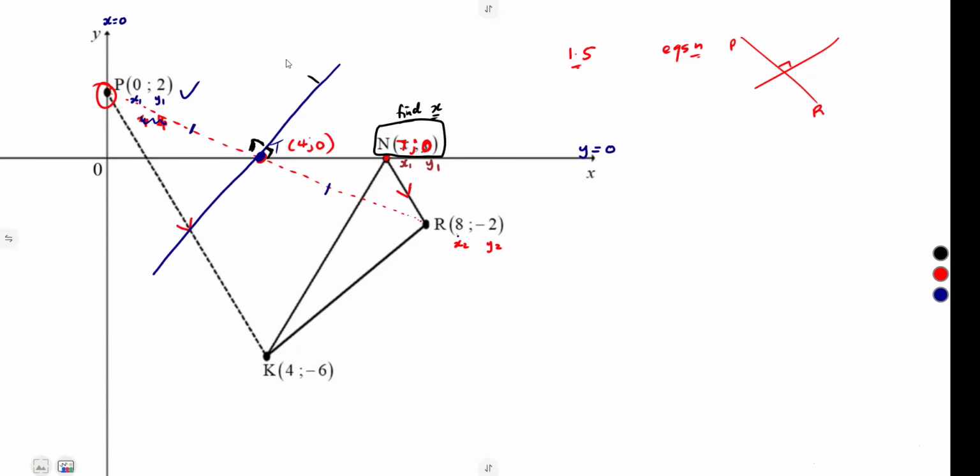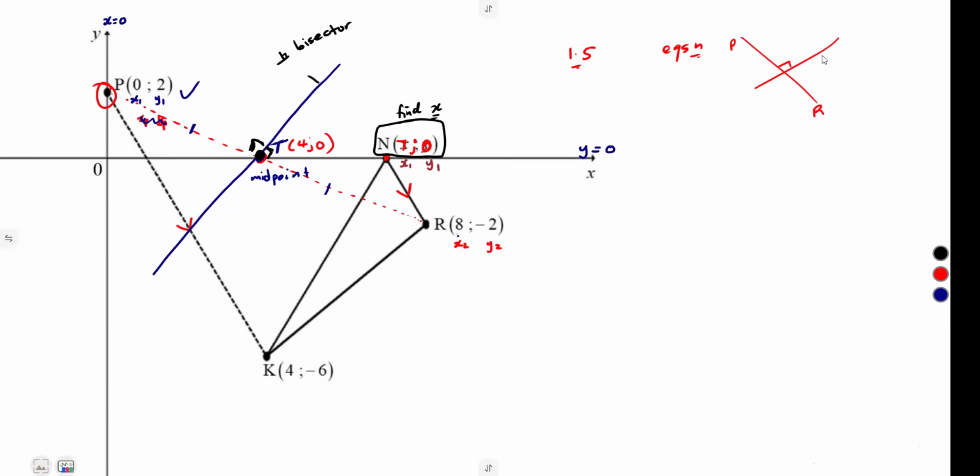Let me write, this is our perpendicular bisector. Its gradient we do not know, but we know that it passes through the point T, the midpoint. That is what we only know.